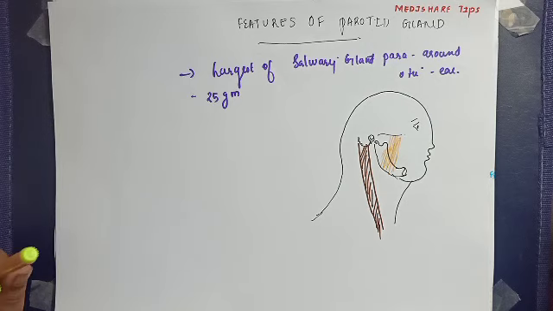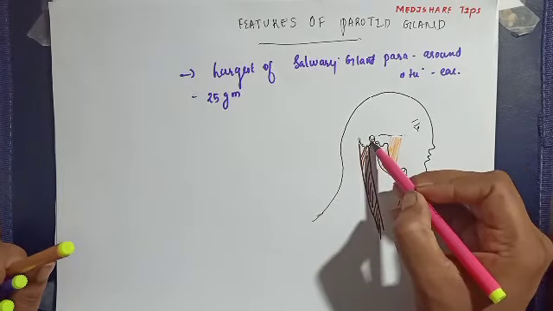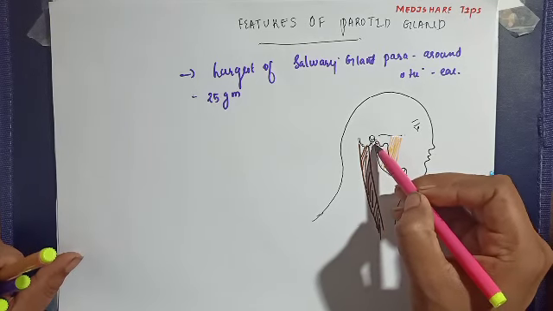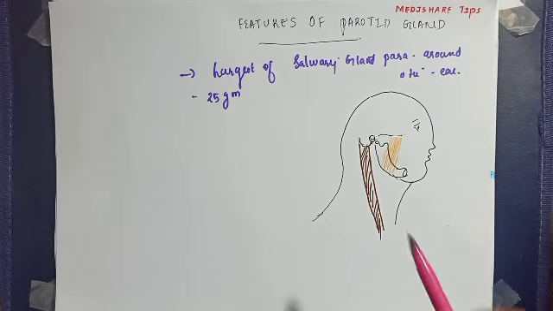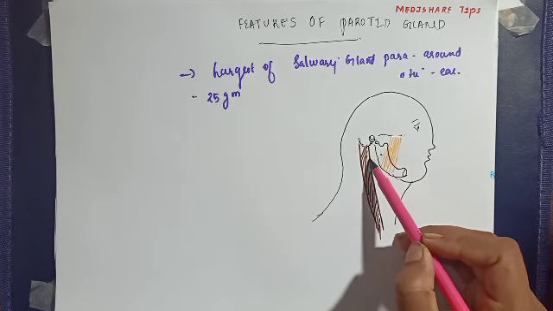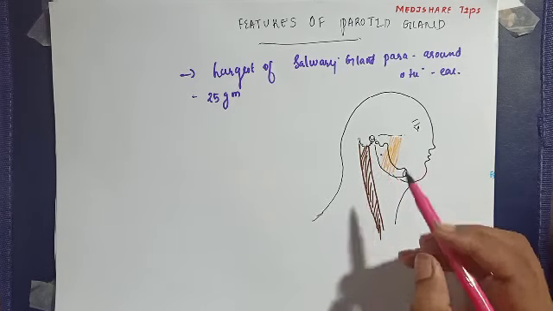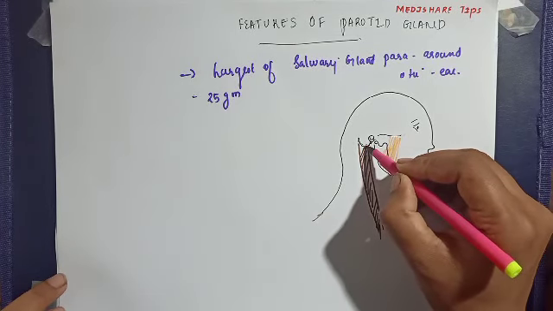The situation of the parotid gland is below the external acoustic meatus, and it is located between the ramus of the mandible and the sternocleidomastoid muscle. So I will draw it like this.